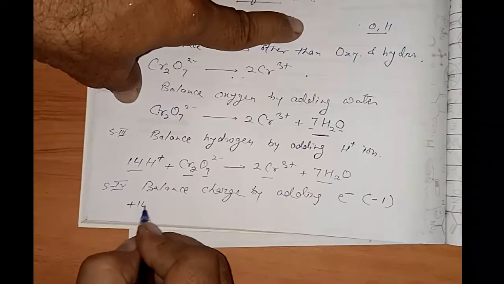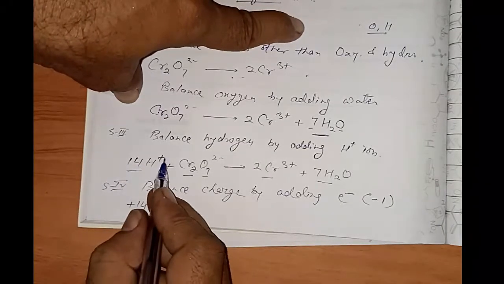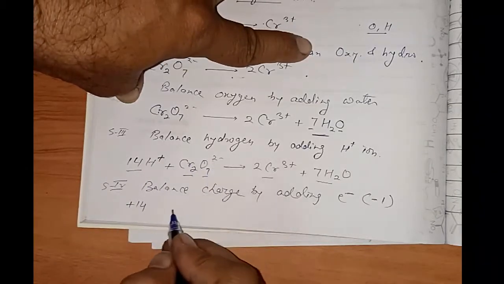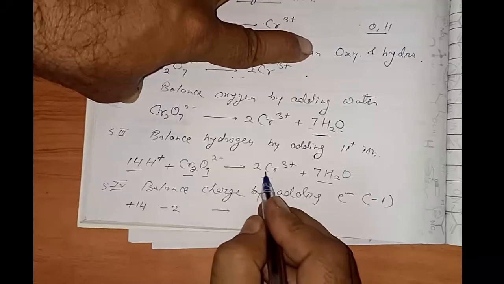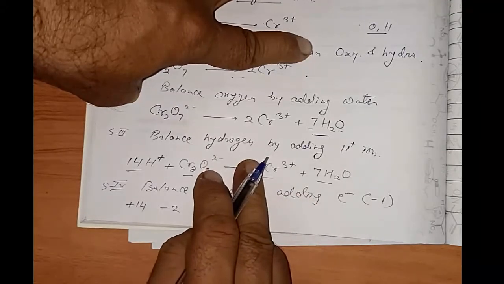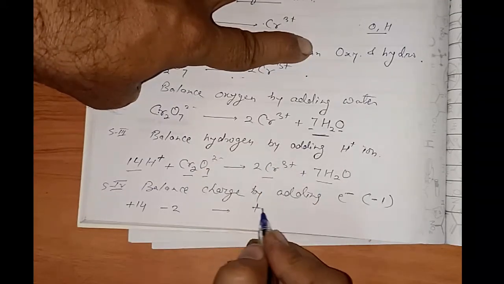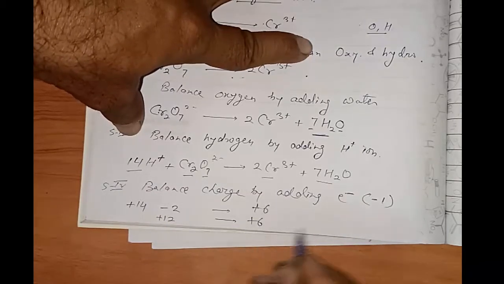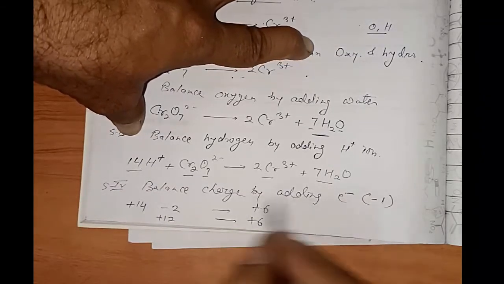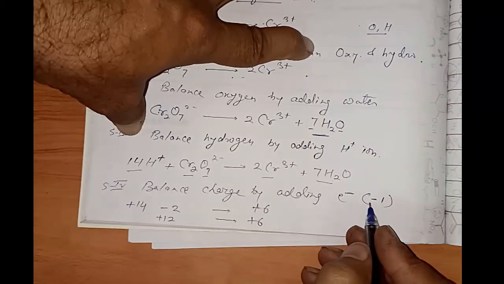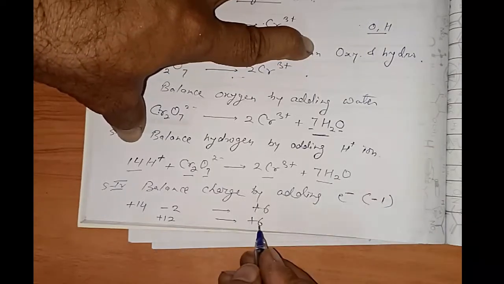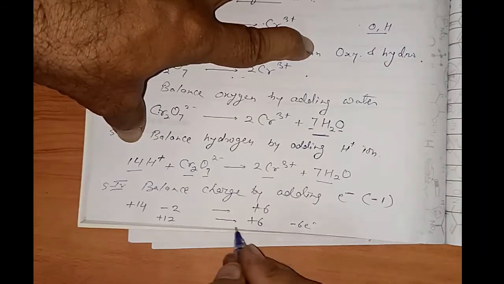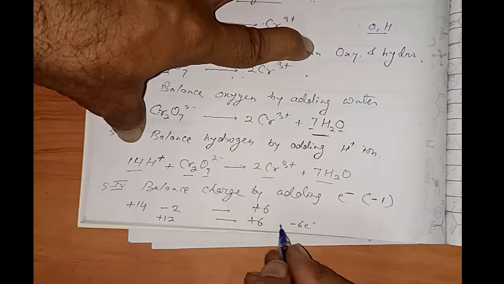Plus 14 charge, since 1 hydrogen is plus 1, 14 hydrogen is plus 14. Here -2. So total plus 12. On the other side, 1 chromium plus 3, 2 chromium plus 6. Now we have to add electrons in order to balance charge. Electron has -1. If I write -6 on the side with plus 6, it will cancel and the charge will be 0.